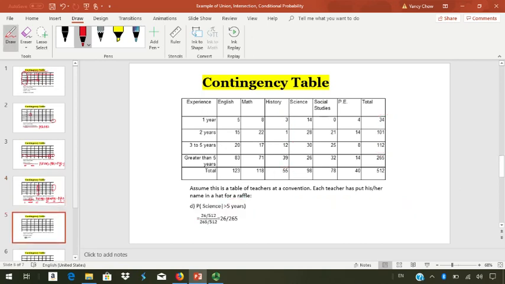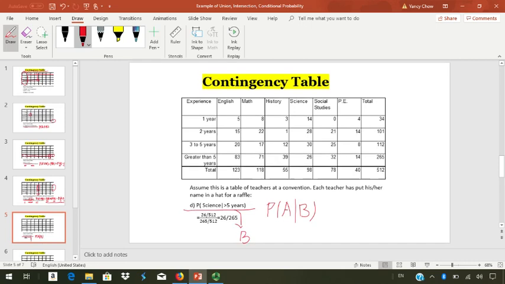Let's see next. So here is the conditional probability. Probability A given a condition B. So here, more than 5 years is event B. That's the condition. That means, given that the teachers have more than 5 years teaching experience, how likely they teach science?